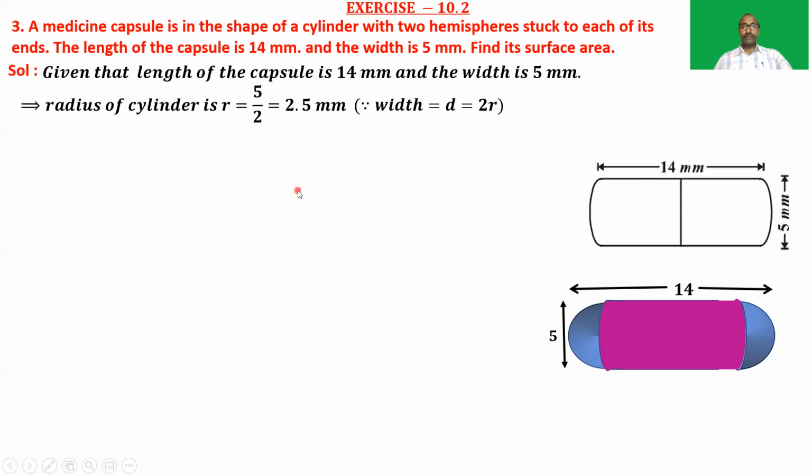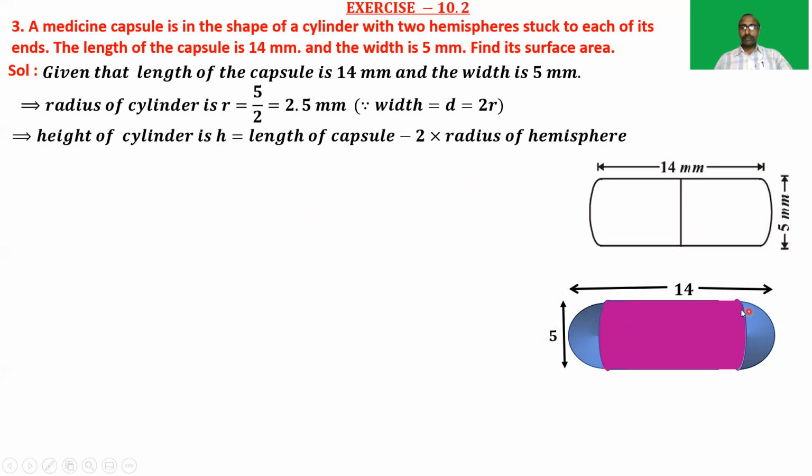And now the height of the cylinder, that is the height of only the cylinder, is equal to the total length of the capsule minus the radius of the first hemisphere minus the radius of the second hemisphere. That is, the length of the capsule minus twice the radius of the hemisphere.